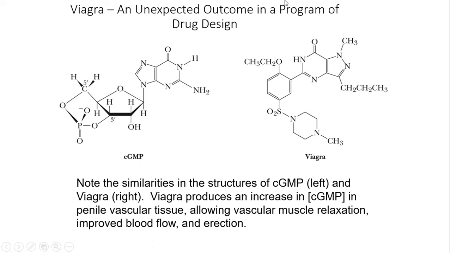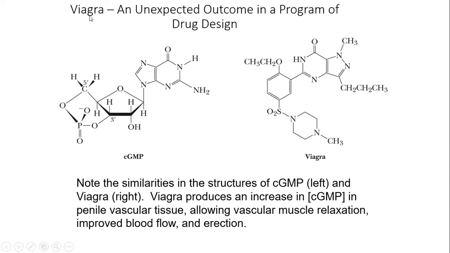Cyclic GMP, which is shown here on the left, is associated, and I'm not going to go through all the mechanism, but the concentration of cyclic GMP is associated with relaxation of smooth muscle, which, if this happened in the heart, would lower blood pressure and heart rate, relax that heart, so you could help with that angina.